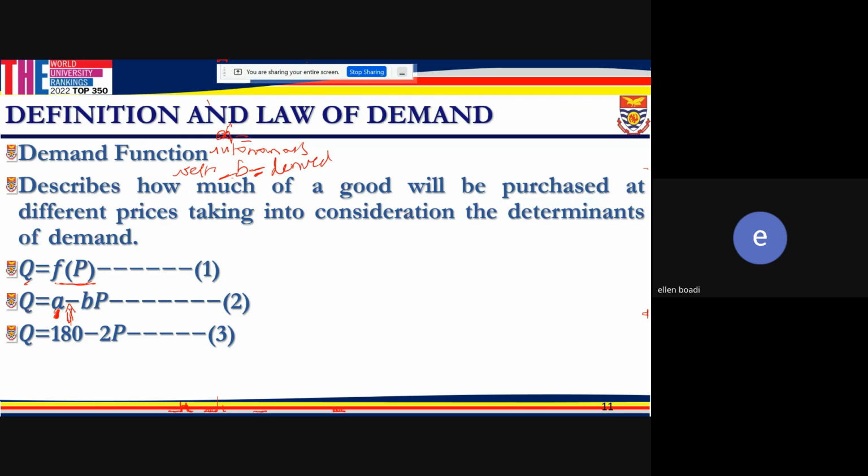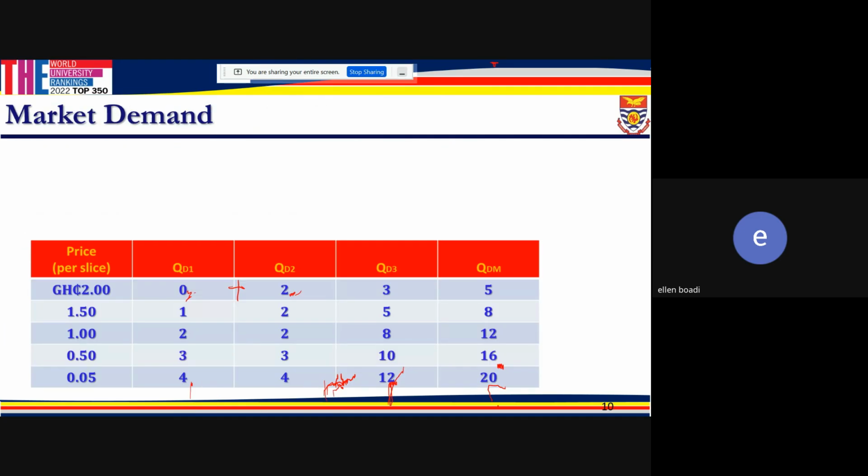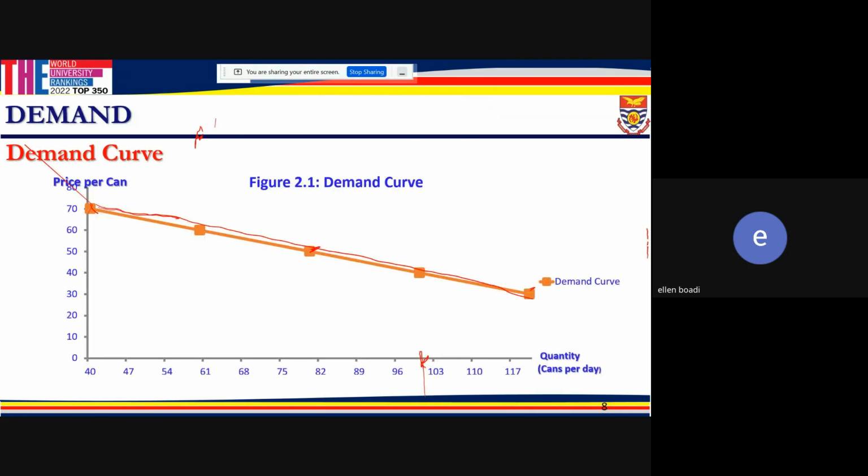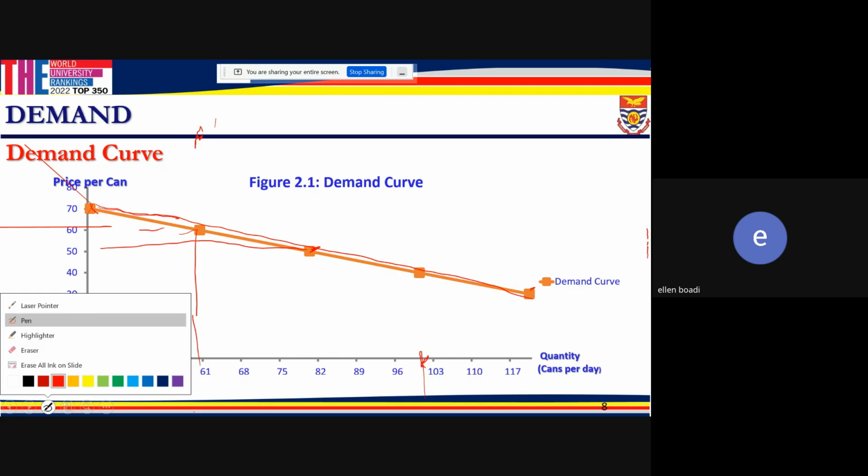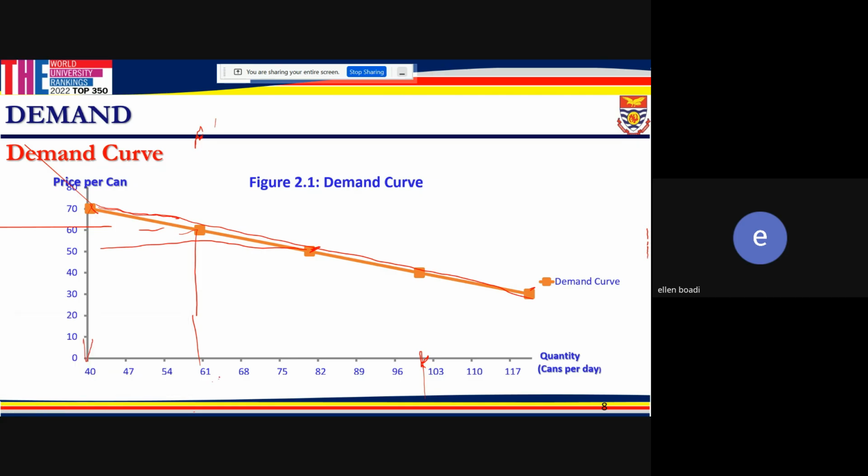From our graph, if the price reduces from 60 to 50, quantity will increase.